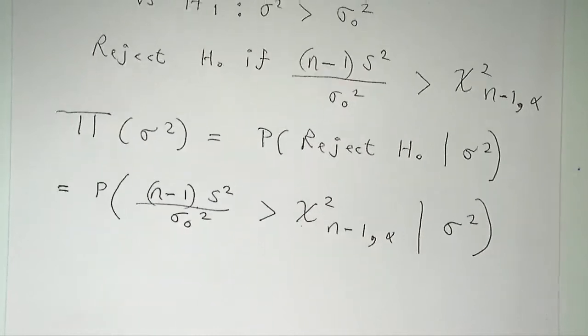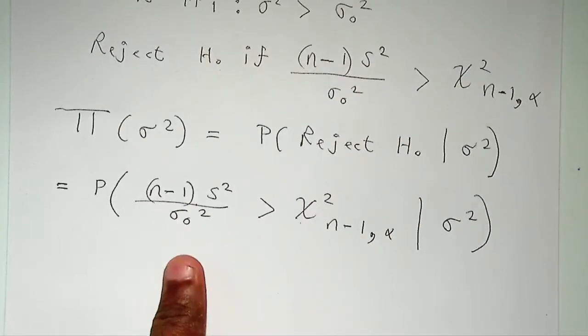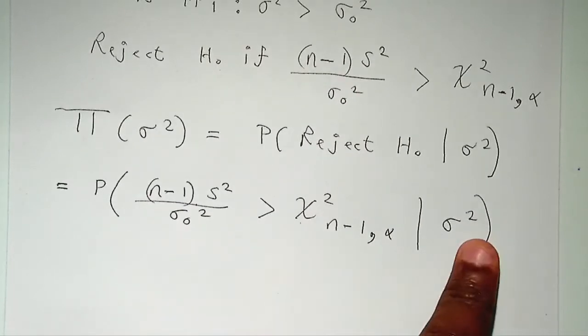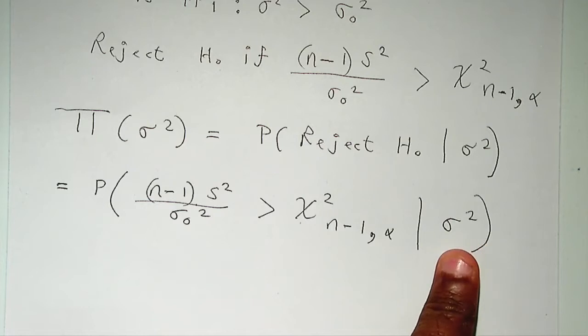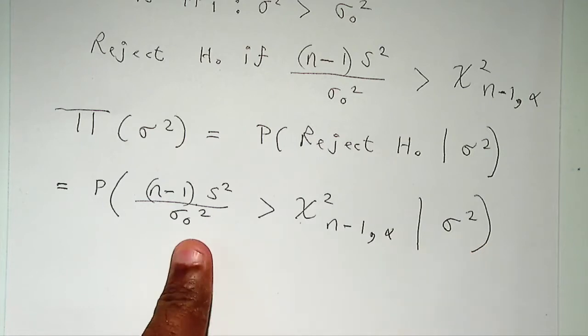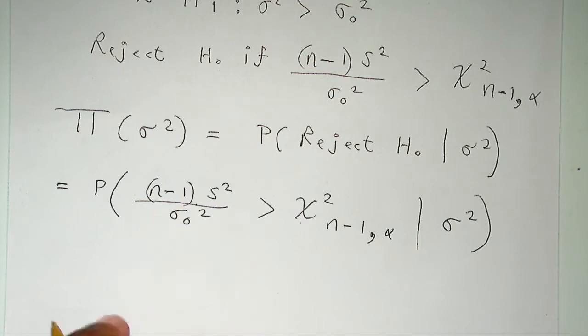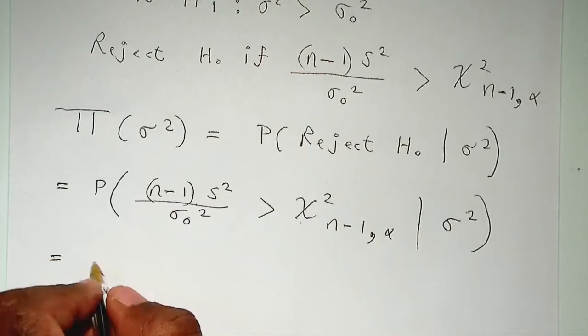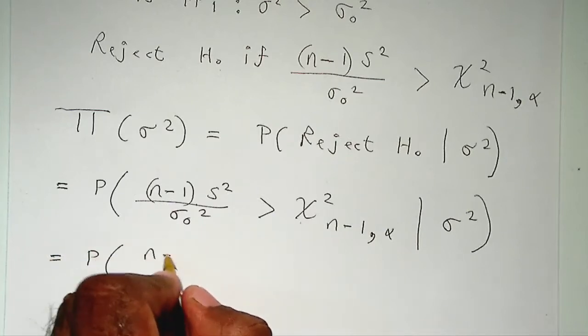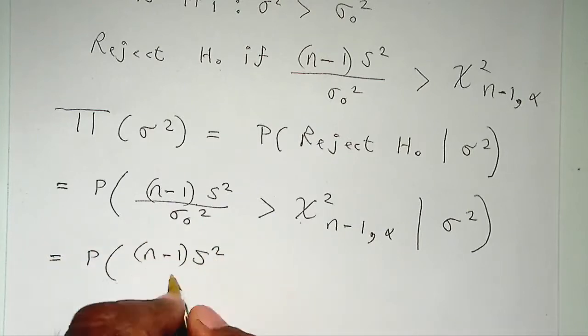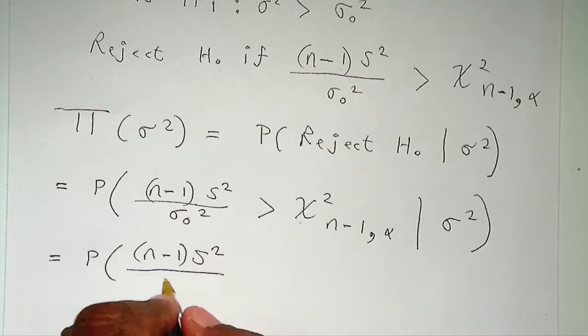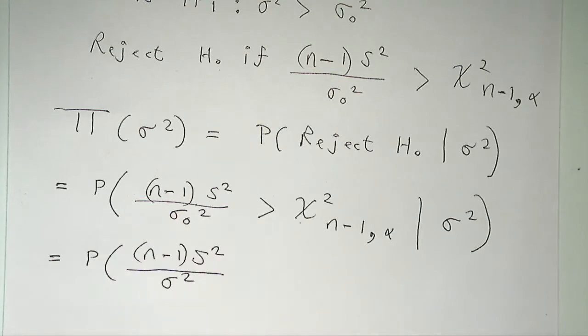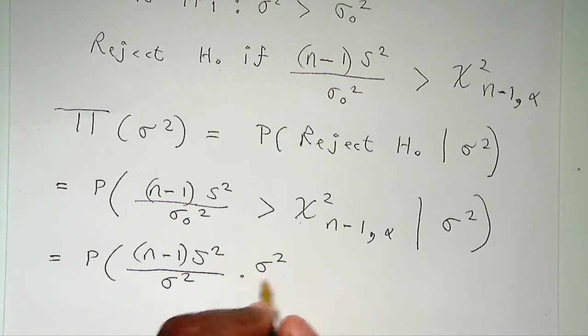Now, we are conditioning on the fact that the true population variance is sigma squared. What you have here is sigma 0 squared. So the first thing you must do is to replace sigma 0 squared by sigma squared, and because of that, you need to multiply it by the same thing.